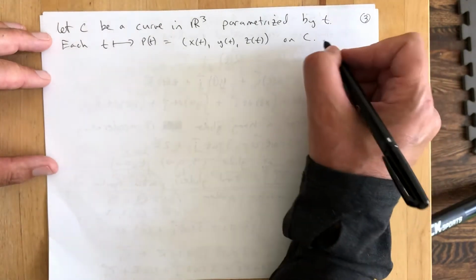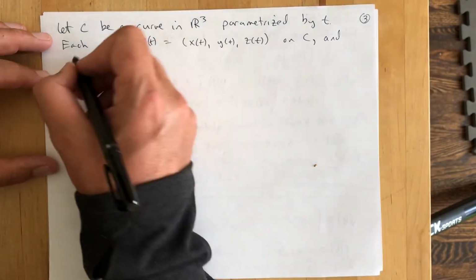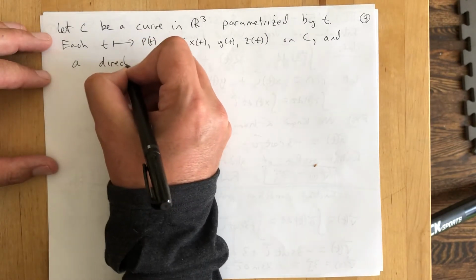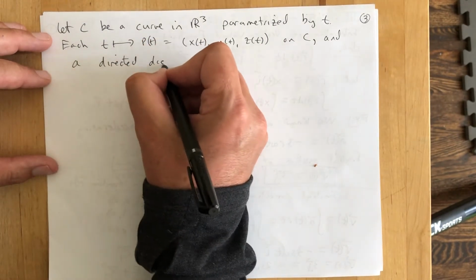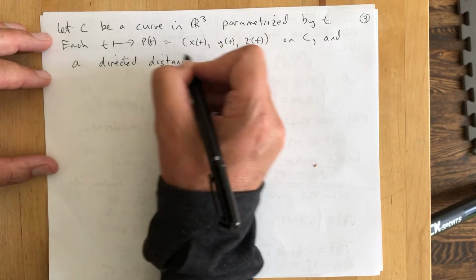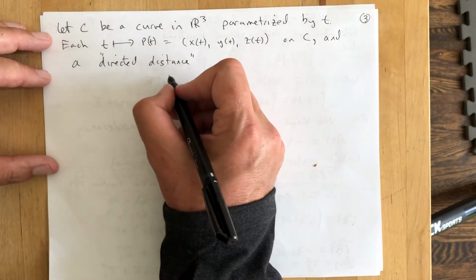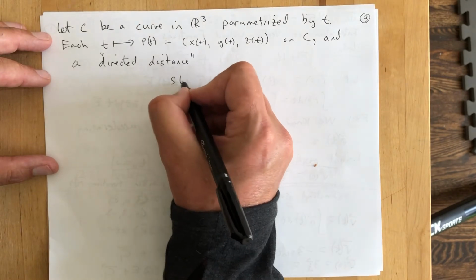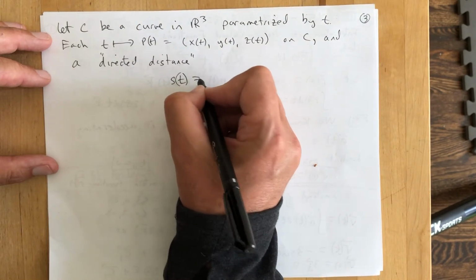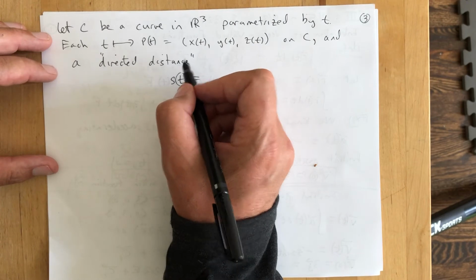This also gives a directed distance, which is a difficult thing to grasp. This directed distance is defined to be s, which is a function of t.